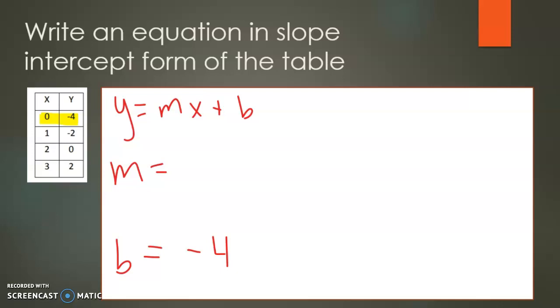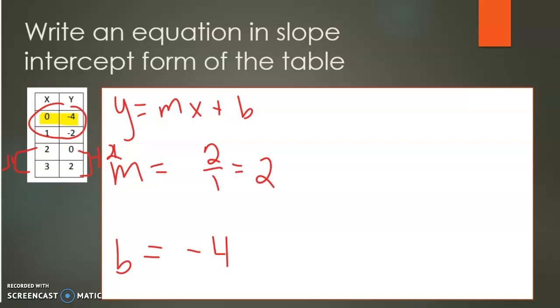I'm not going to mess with these guys up here. I don't like those negatives. I'm going to go down to here and I'm going to say plus 2, plus 1. So it's 2 over 1 equals 2.